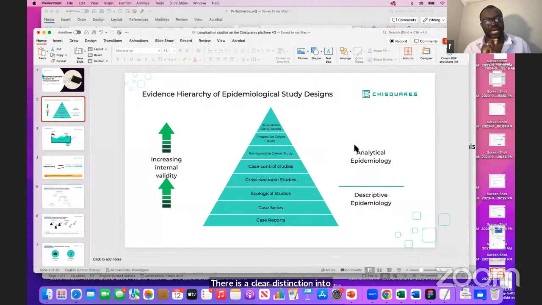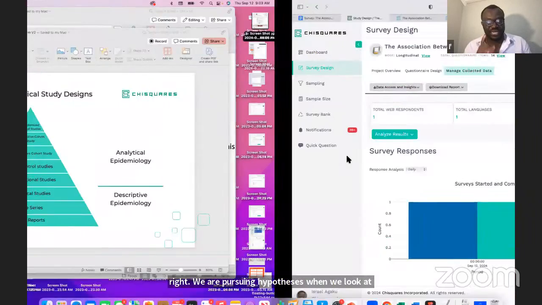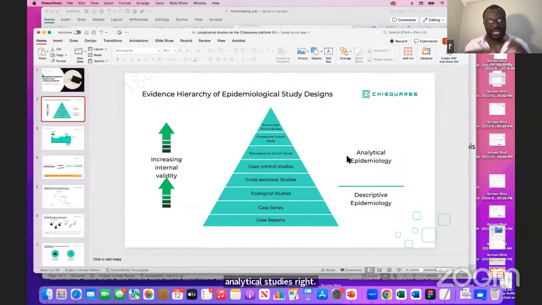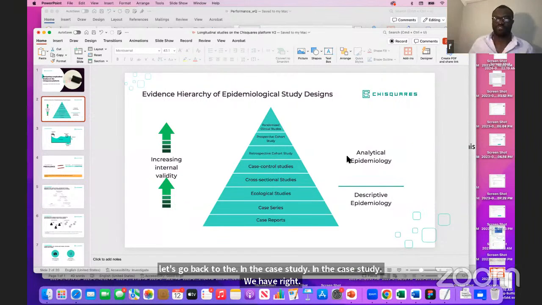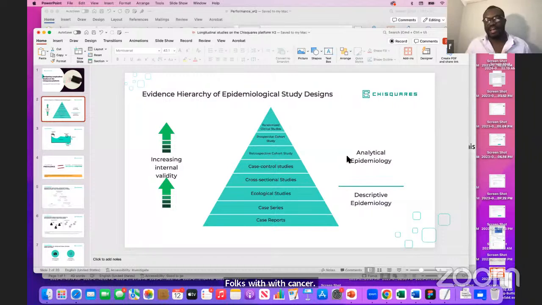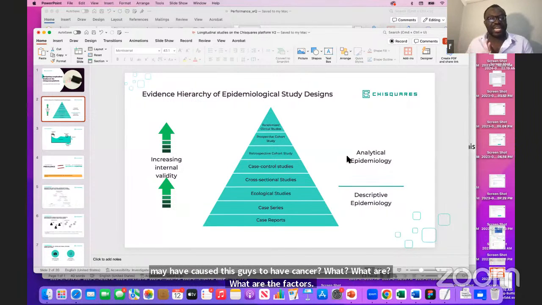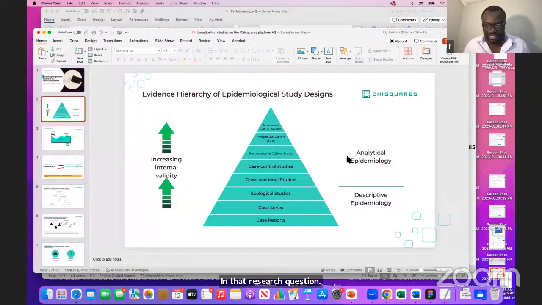We are pursuing hypotheses when we look at analytical studies. Now, let's go back to the case study we have. Folks with cancer, we're just trying to see what may have caused these guys to have cancer. What are the factors? In that research question, as it stands now, that is just a case series, right?